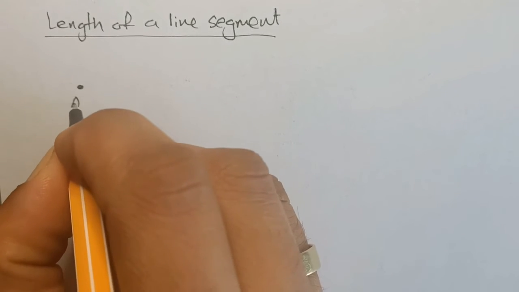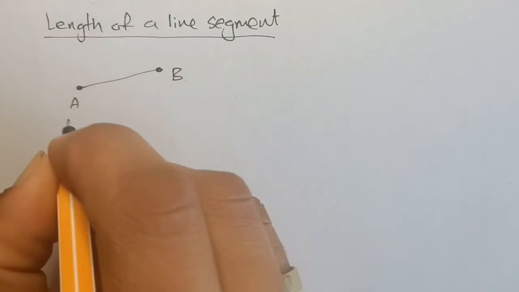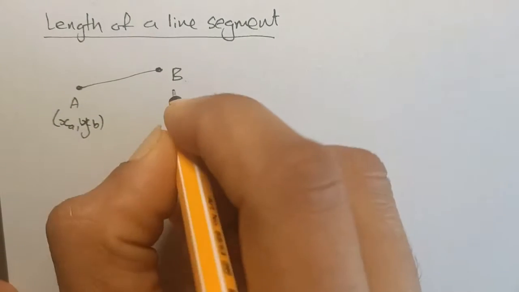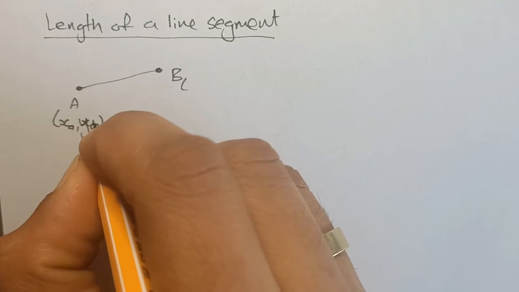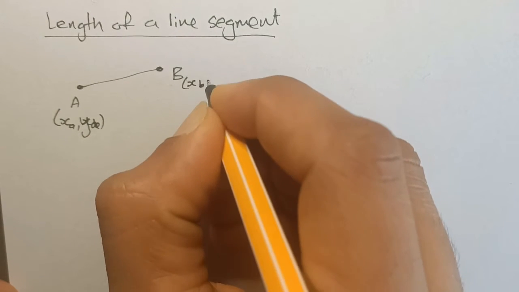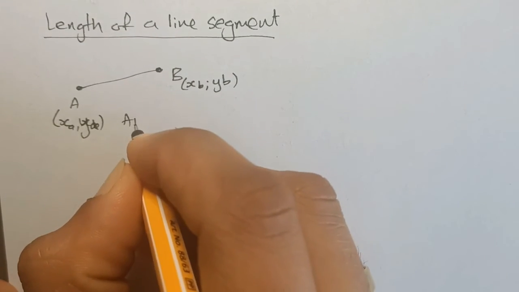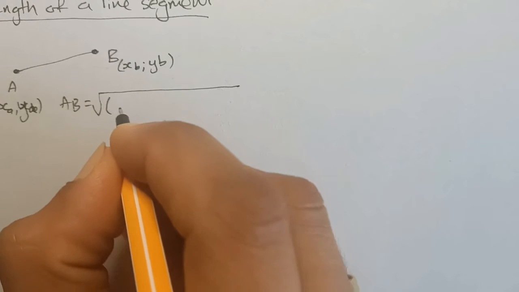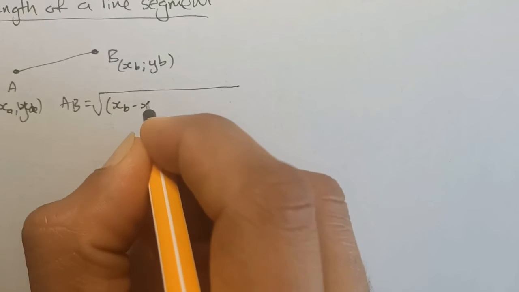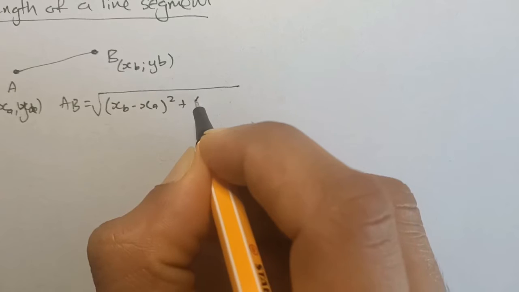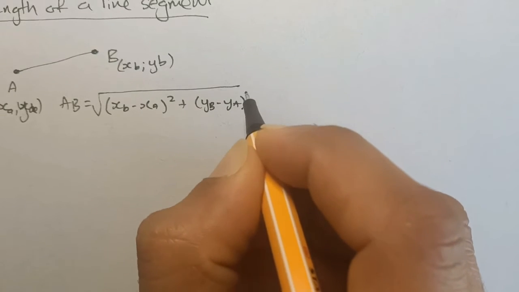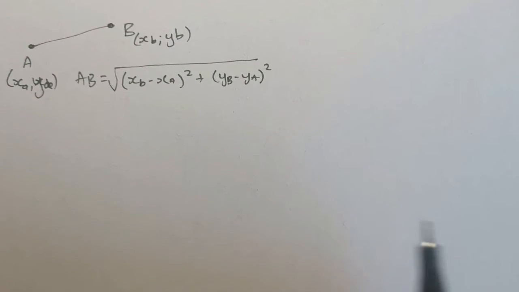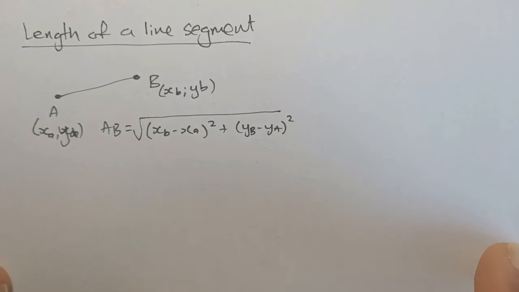If you're going from A to B, where A has coordinates (XA, YA) and B has coordinates (XB, YB), the length of AB is given by the square root of (XB minus XA) squared plus (YB minus YA) squared. That's called the distance formula, or the length of a line segment formula.